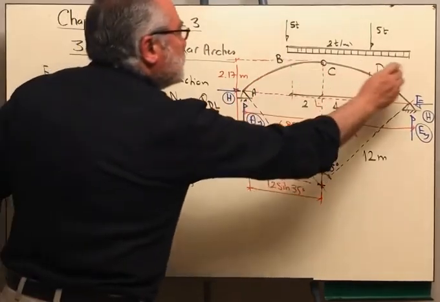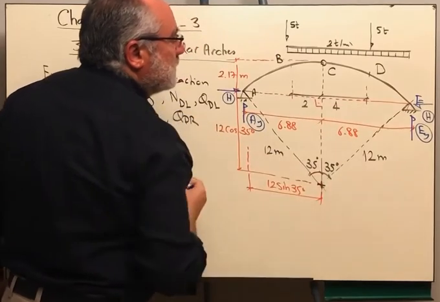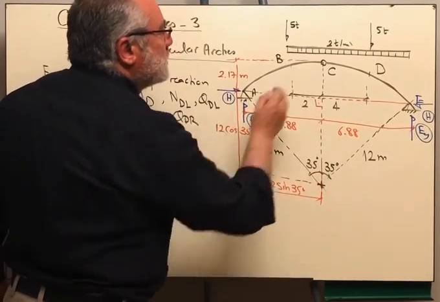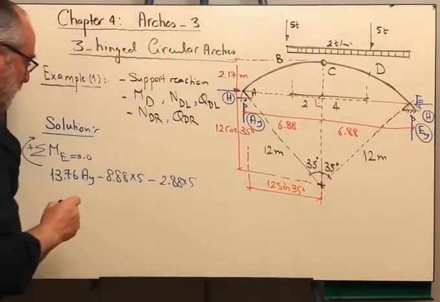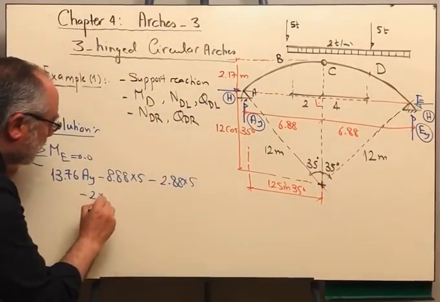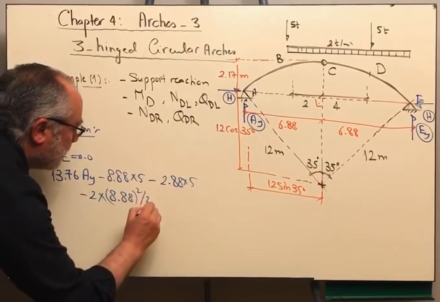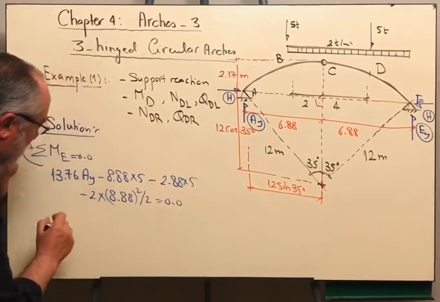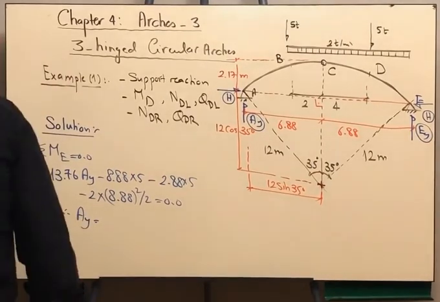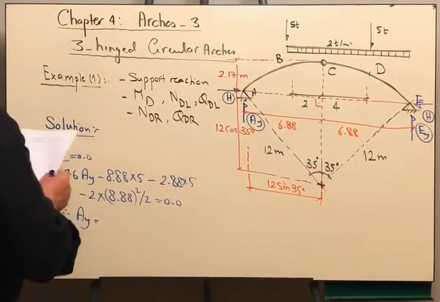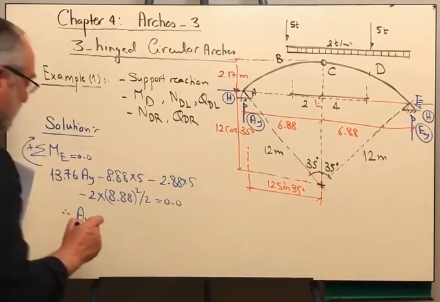And then the magnitude of the distributed load, this is 6.88, then, and we are having here 2 meters, this length will be 8.88. So this is minus 2 multiplied by 8.88 square over 2 is equal to 0. From there, we get the value of AY, and this will be equal to 10 ton.